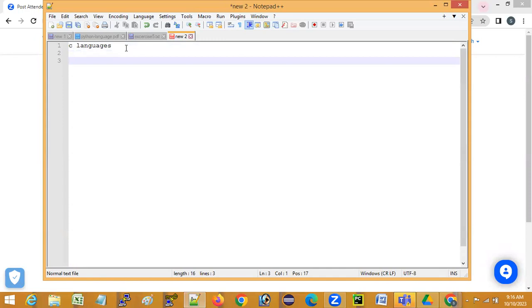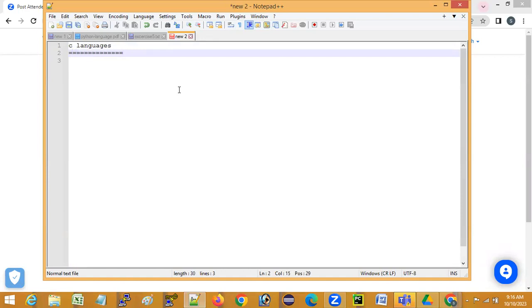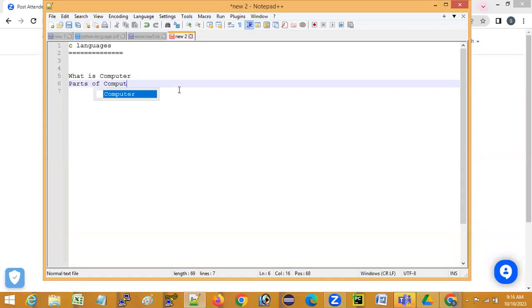In the C language, first we are going to cover basic things, like what is meant by a computer, what is a computer, parts of a computer.